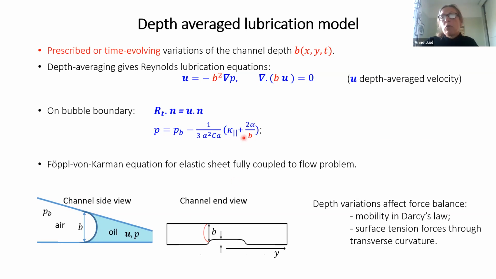Normally we can absorb that into the pressure difference because it doesn't vary in the constant depth Hele-Shaw channel, but here, because it varies in some prescribed way, it has to be incorporated, and there's a significant term in this relation.